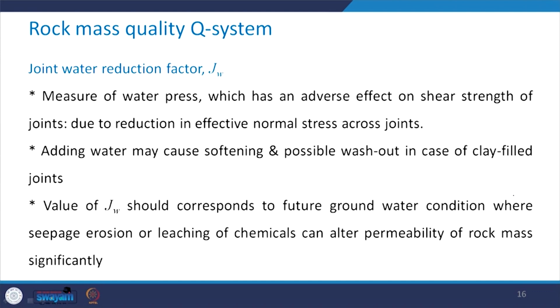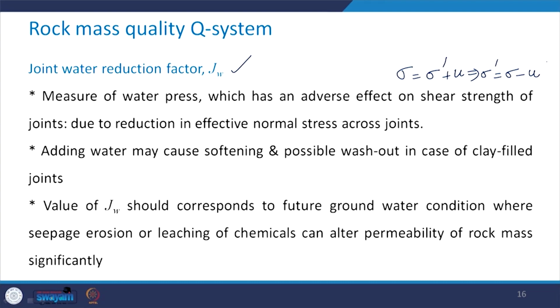Next factor is joint water reduction factor, which is represented as JW. This gives the idea about the measure of water pressure, which has an adverse effect on the shear strength of joints. Why will this happen? We have discussed that the total stress is equal to effective stress plus the pore water pressure, or from here we can obtain effective stress is total stress minus the pore water pressure.